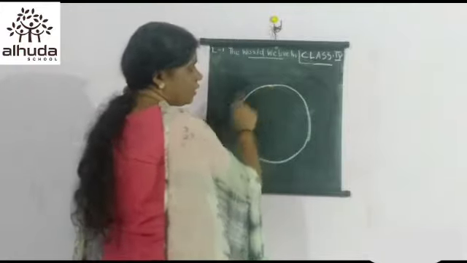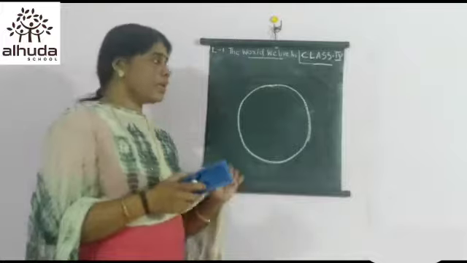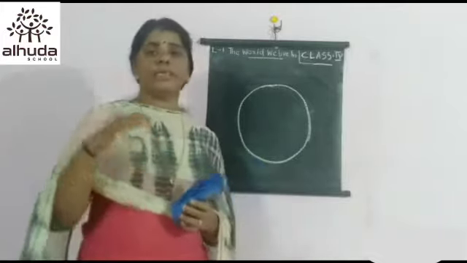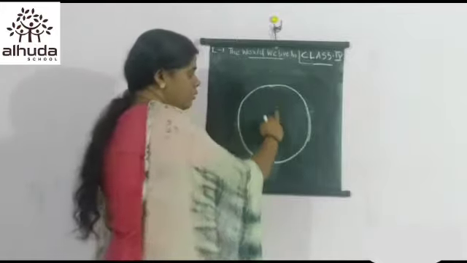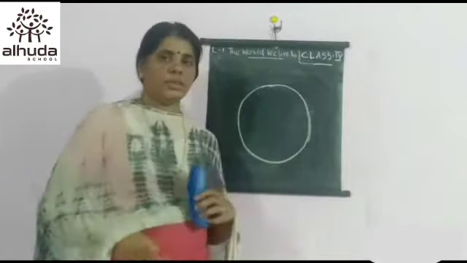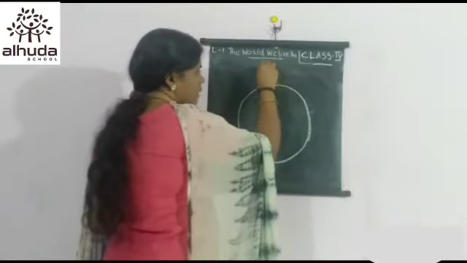Geographers consider one imaginary line that passes through the earth, which we call the axis. It is tilted like this.